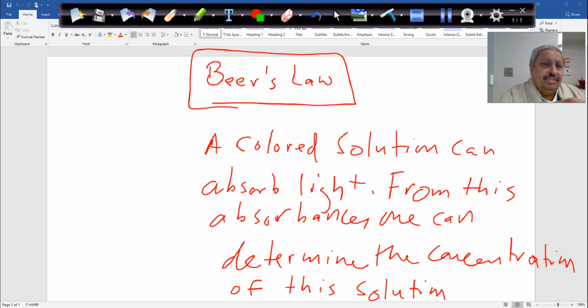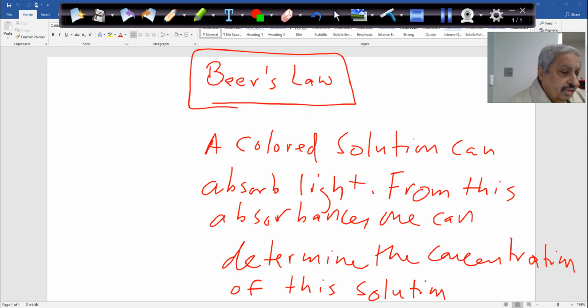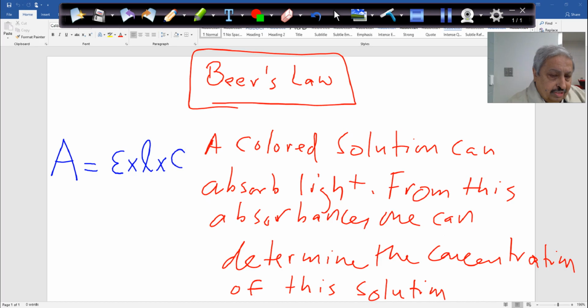So transferring into a mathematical formula, A is absorbance, equal to a constant called molar absorptivity, multiplied by the length of the cell itself, the light pathway, multiplied by the concentration.